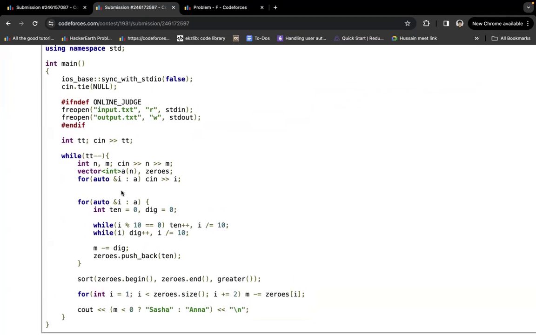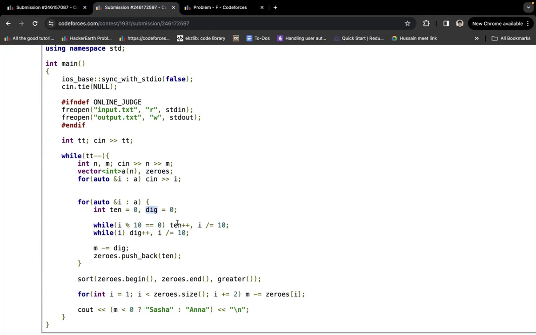So we know the number of digits that will be lost is the number of ending zeros, right? So for every element in the array, first I compute how many ending zeros are there. Tens denotes the number of ending zeros and digit is the number of digits apart from the ending zeros, because those digits will be constant. You cannot change those digits.